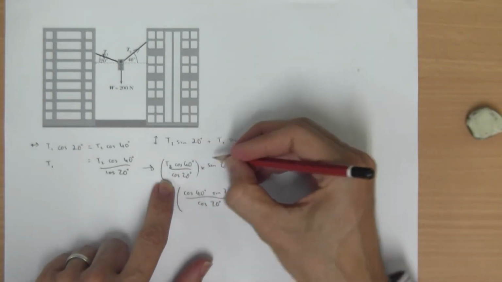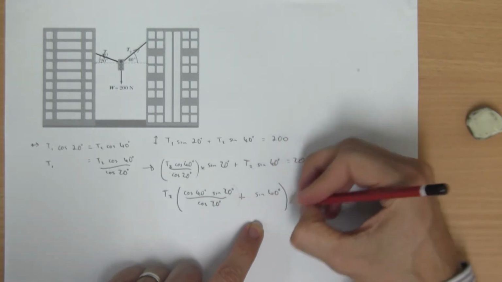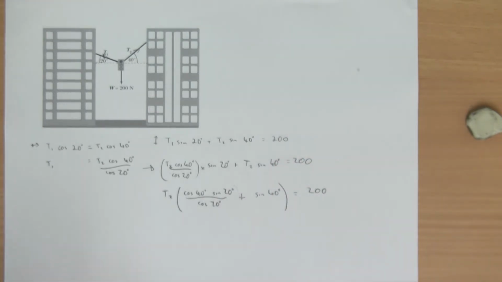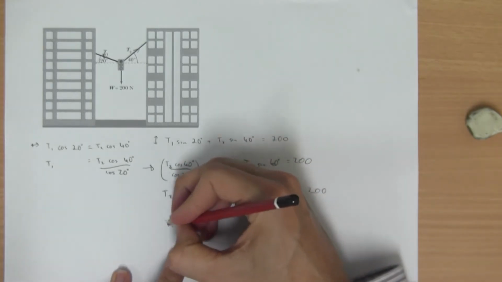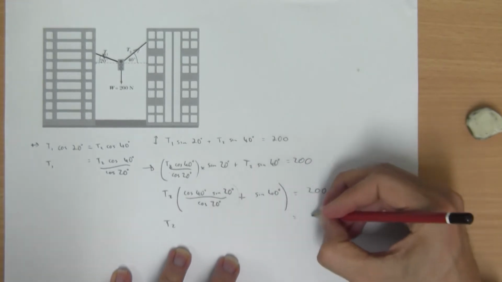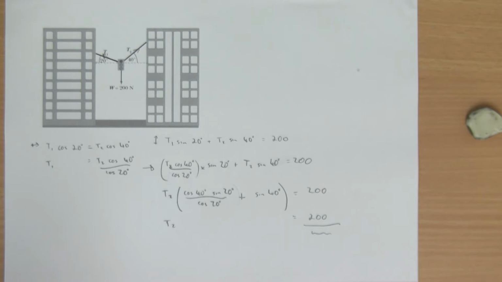Plus, that's this part, plus T2 times sine 40 degrees equals 200. Divide by this, and I can tell you what T2 is. It's 200 divided by all that mess. I'm not going to write it again.